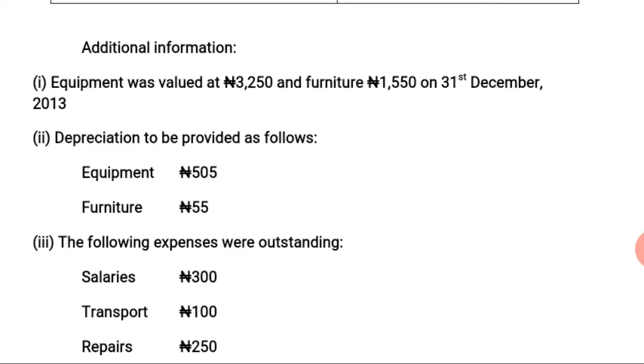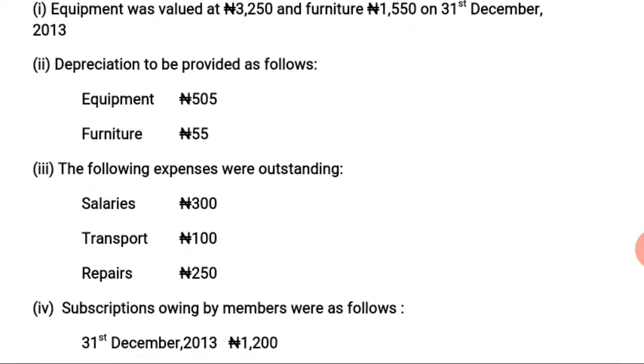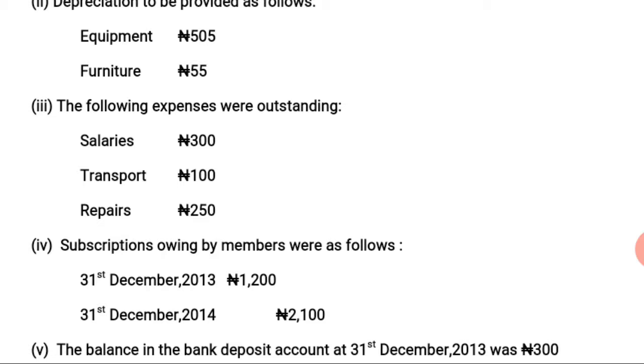That is, the value of the equipment as at the end of the 2013 was 3,250 for equipment and 1,550 naira for furniture. And we were informed that depreciation to be provided as follows: depreciation on equipment 505 naira, and that of furniture 55 naira.